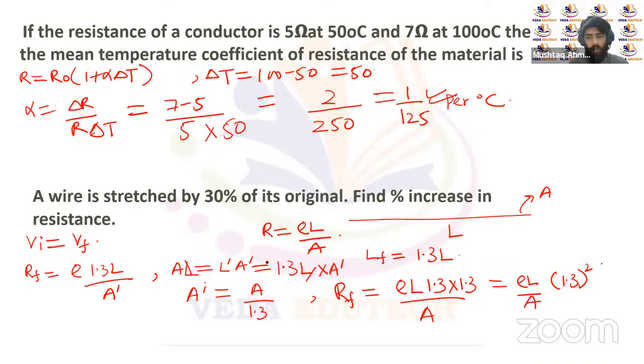Now we have to calculate the percentage change in the resistance, the percentage increase. The percentage increase in the resistance will be delta R upon R multiplied by 100.